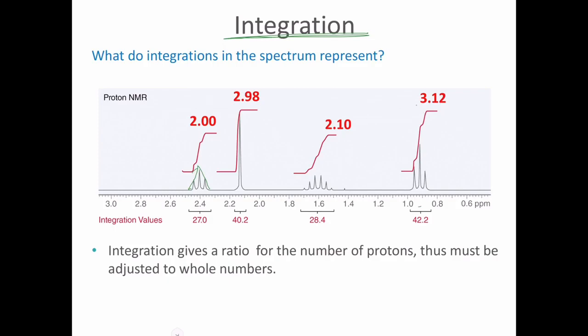So here we have 3 protons, here we have 2, here we have 3, here we have 2. When we have decimal places, we round them to the nearest whole number, because we cannot have half of a proton, and use the number of protons to generate a ratio that represents how many protons are in those positions.